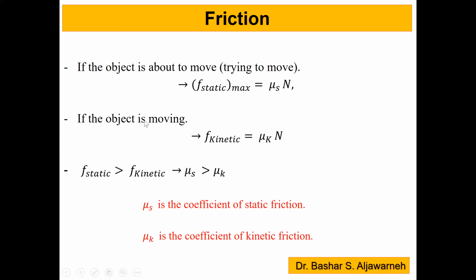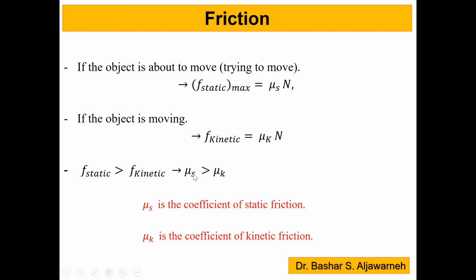So if the object is moving, the friction force here will be the kinetic friction force, which equals mu k times N. N, as I mentioned before, is the normal force. Mu k is the coefficient of kinetic friction. Now, pay attention to the following statement.